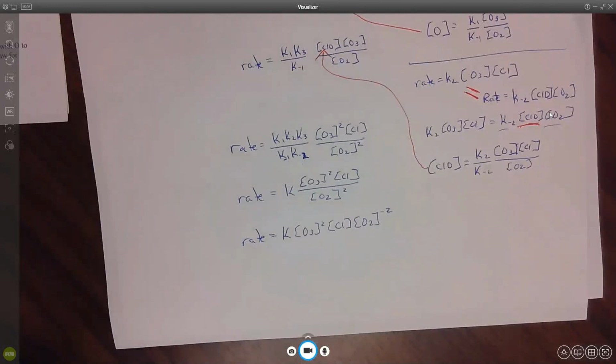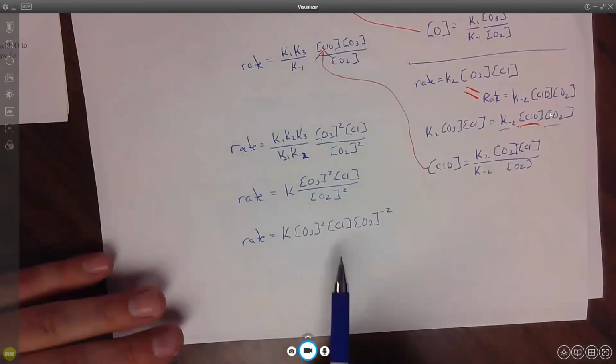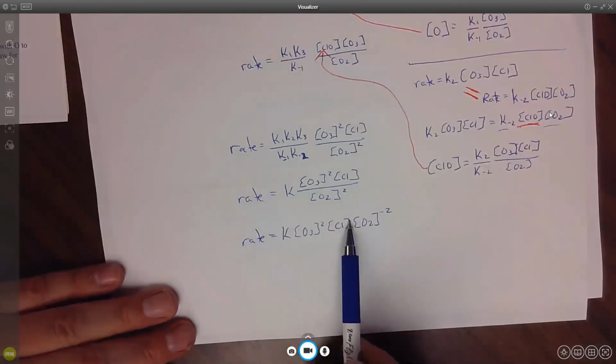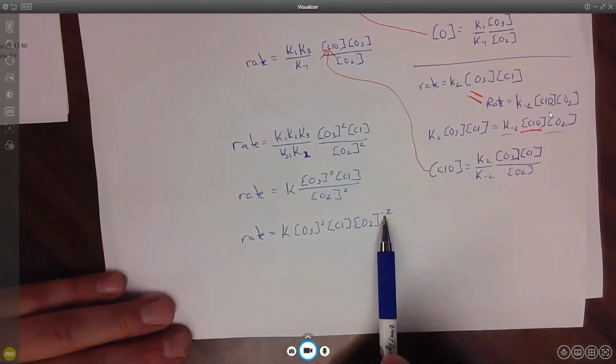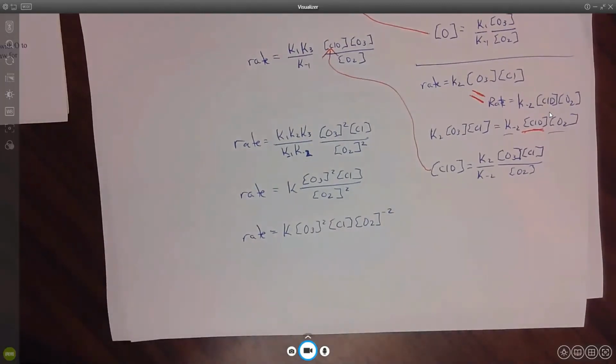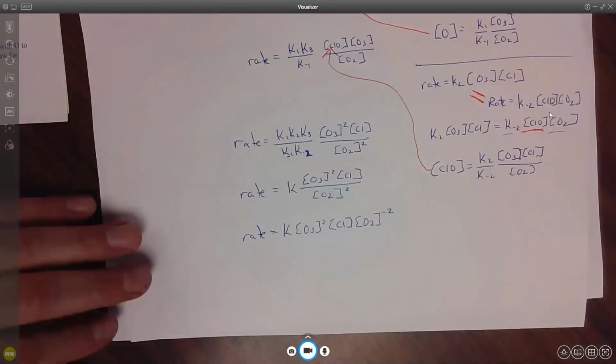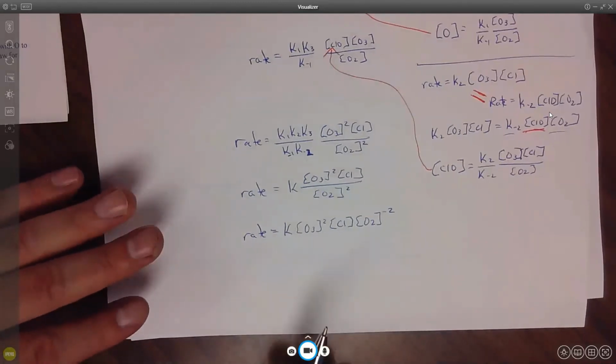What's 2 plus 1? 3. What's 3 minus 2? Oh, I did not notice the negative. 3 minus 2 is 1. Yeah, it's just first order, right? You just have to add these up. So 2 plus 1 is 3, minus 2 is 1. So this thing's actually first order overall. Okay, so everybody good then with this type of problem?